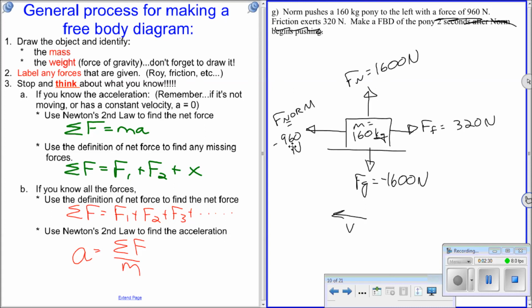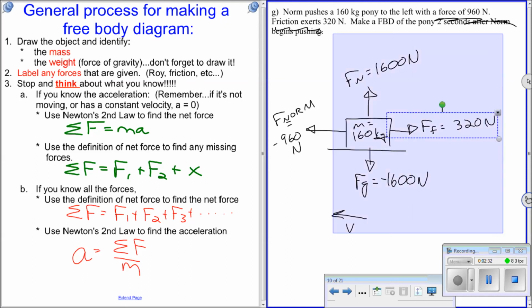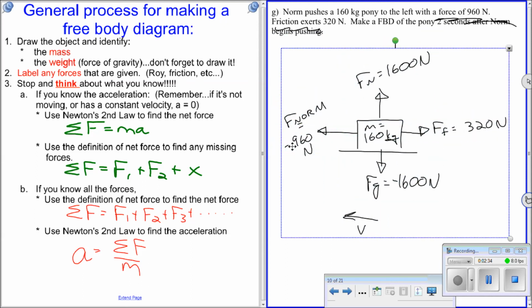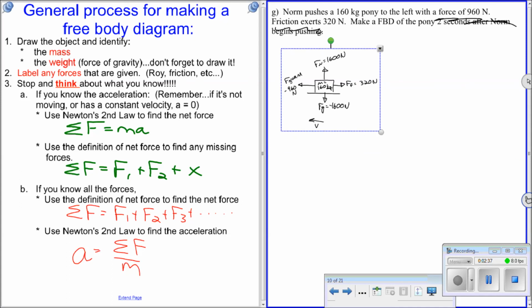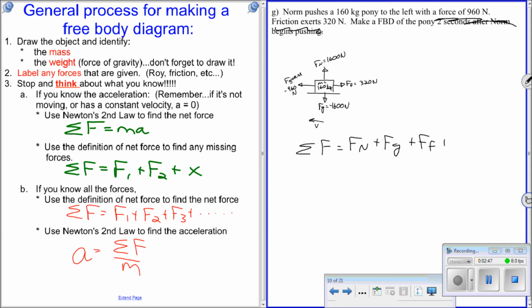So now we can use option B there and finish this guy up. So let's see, our net force now is going to be the total of all of our forces. So it's going to be normal force plus gravity plus friction plus norm, the person. These guys cancel out.